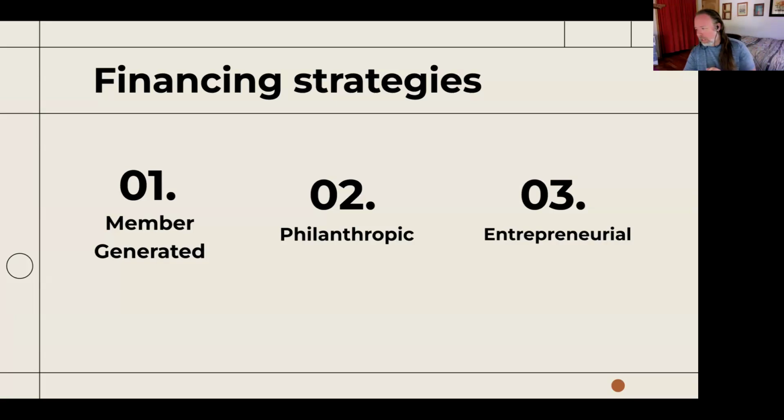Entrepreneurial is the last strategy I have on here. So basically, starting businesses. I have heard it suggested, depending on the kind of community that you're trying to create, that starting a business first, and then using that as a way to help build a community, is potentially one way that could work.